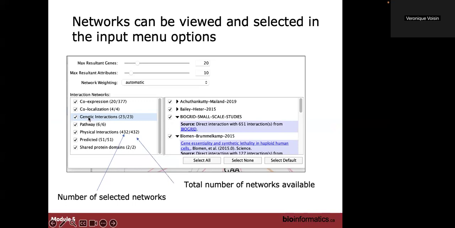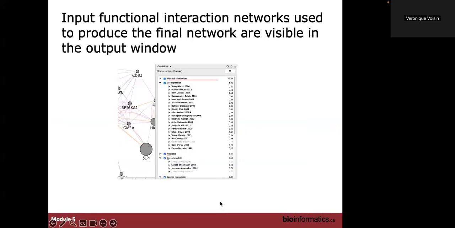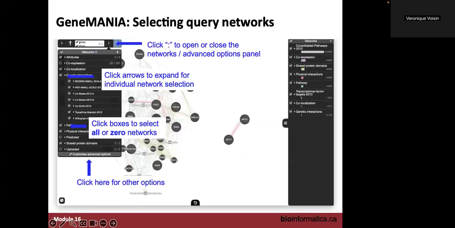And if you click on a tab, then you have a detailed source of information to select the networks. Once the final composite network is created, you also have access to the networks that have been used for these final networks. And you can even click and expand the tab to trace back the origin of the functional data.